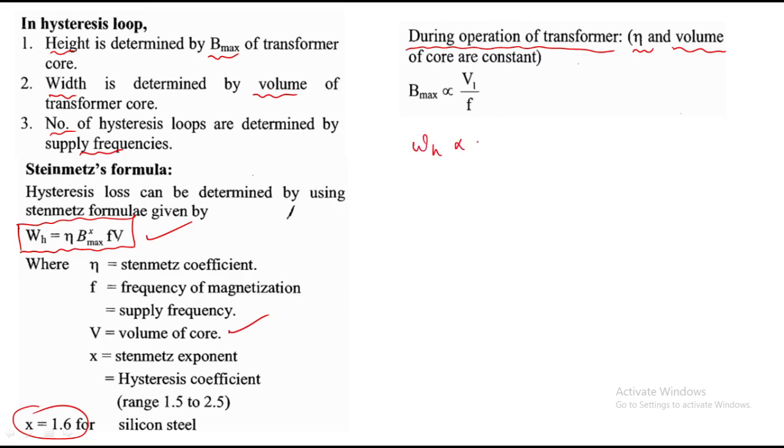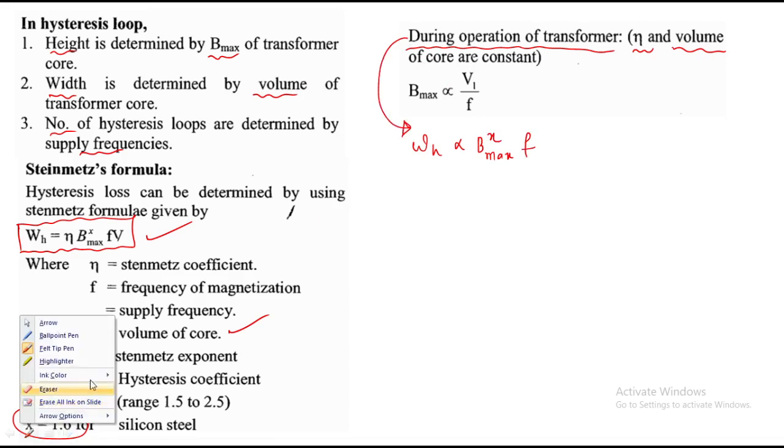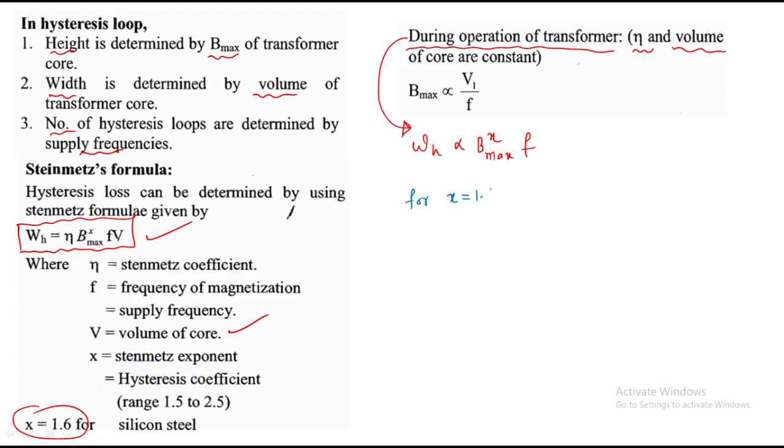Which is proportional to what? P max power x and frequency during operation. So what is the value of x for silicon steel? The value of x is 1.6.